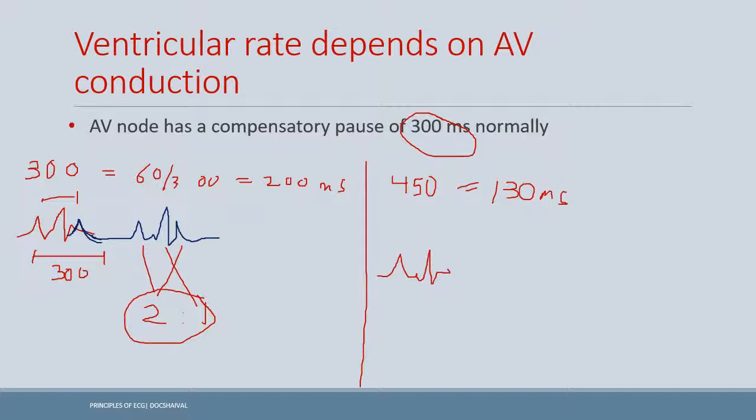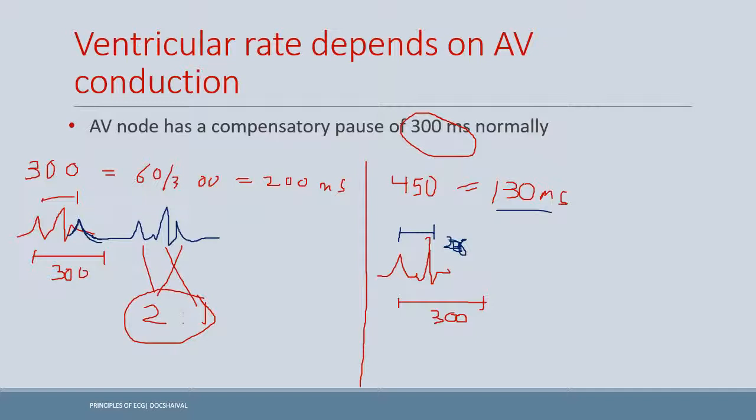Now again we have our AV pause, that is about 300 milliseconds, but the atria beat in around 130 milliseconds. So what is happening is that this has occurred. Now the next would occur at around 260. Okay, so after, sorry, that would occur at about 130.